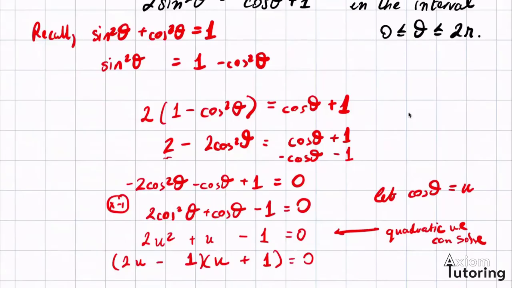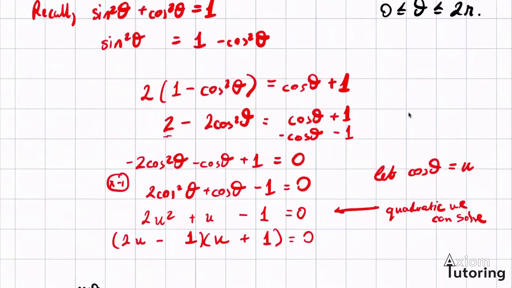Okay, so if you were to multiply that out, you could see that, in fact, 2u squared plus u minus 1 does factorize to give 2u minus 1 and u plus 1. So our two solutions here for u are u equals 1 over 2 and u equals minus 1. But remember that u is cos theta. So in fact, cos theta equals a half and cos theta equals minus 1.